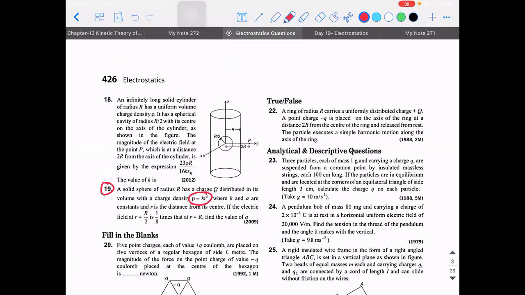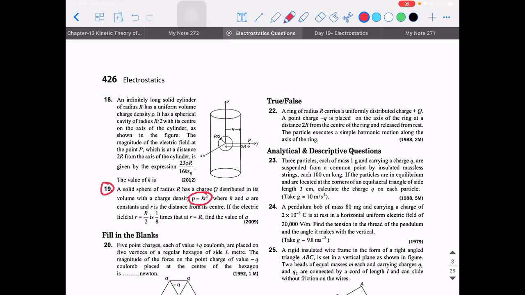Try it out. There is a solid sphere of radius R that has a charge Q distributed in its volume with a charge density of rho equal to k times r power a, where k and a are constants, and r is the distance from the center. If the electric field at r equal to R by 2 is 1 by 8 times that at r equal to R, then find the value of a.